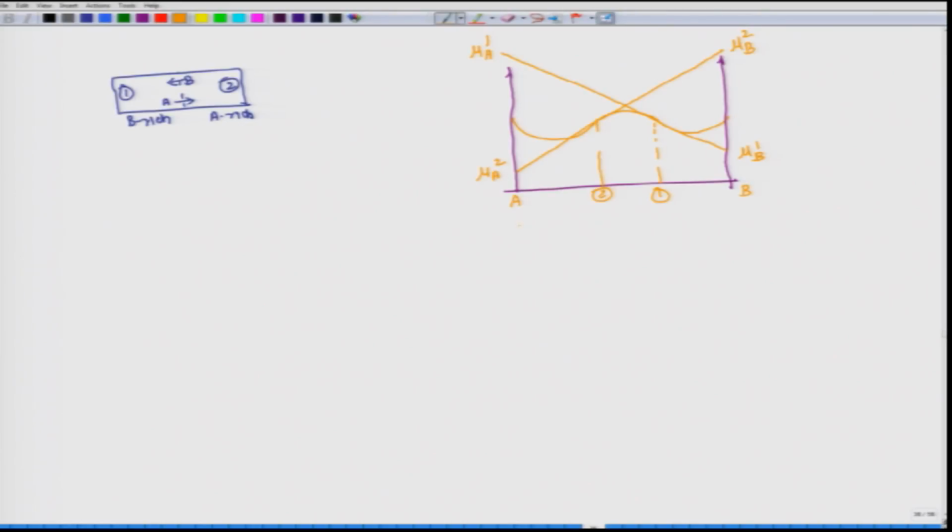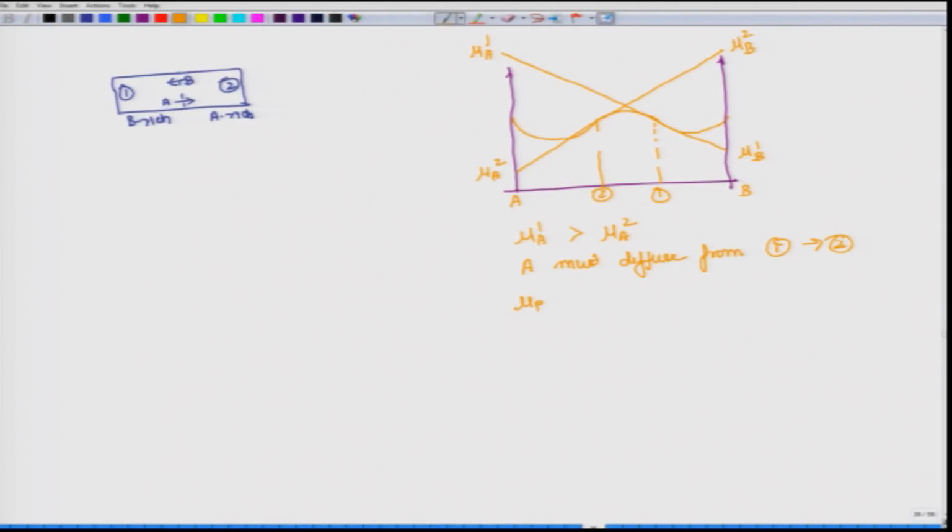So, now what do we see here? We see that mu A1 is greater than mu A2, and now like I said, if this is the higher and this is lower, so A must diffuse from 1 to 2. This is what is happening.